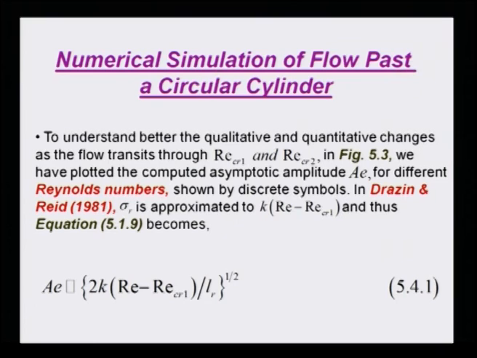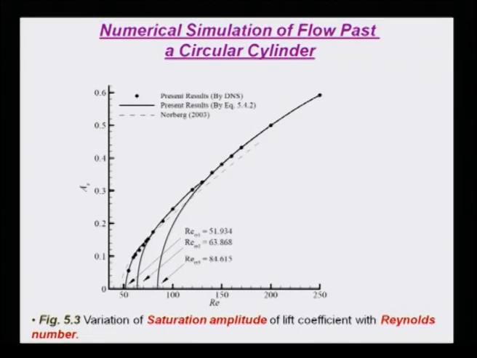If we plot A versus RE, we expect a parabolic variation as given by that equation I explained. If it was dominated by a single mode and single bifurcation, we should get a single parabola. But suppose there are multiple bifurcations, then what happens? I will show you if I have this figure. Yeah, here we have the figure. This is what we get.